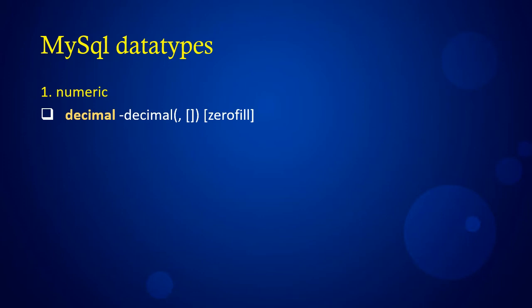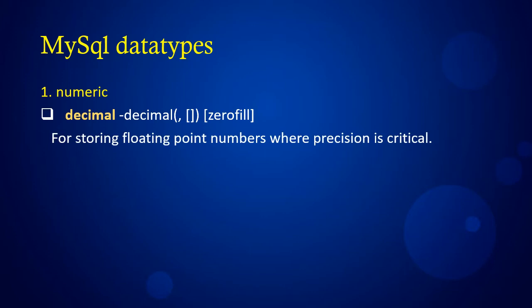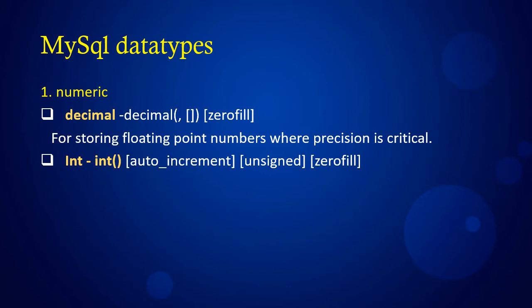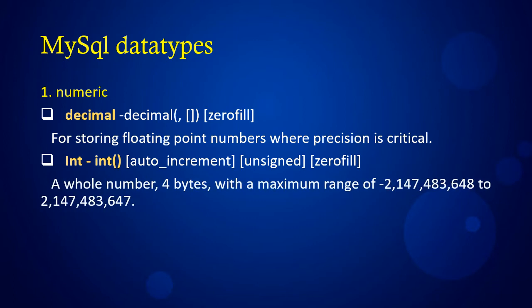Decimal takes two parameters: the total number of digits and the number of values to display after the decimal point. It is used to store floating point numbers. Integer is a whole number, and its range is from -2147483648 to 2147483647.